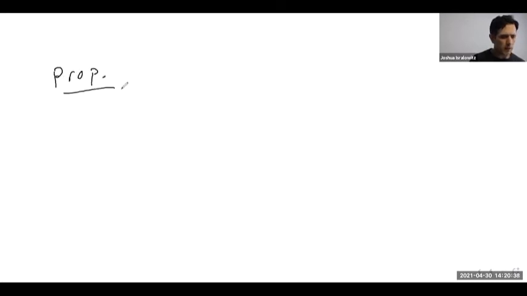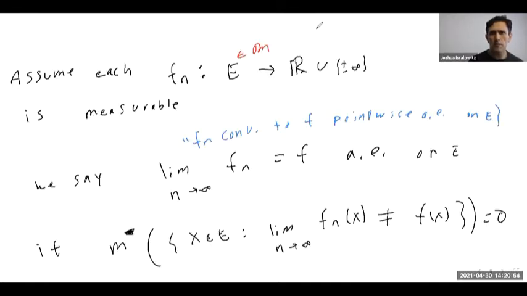Okay, so we have the following proposition. So if this is true, also a lot of times we say Fn converges to F almost everywhere on E. It's kind of a quick, lazy way of writing this.